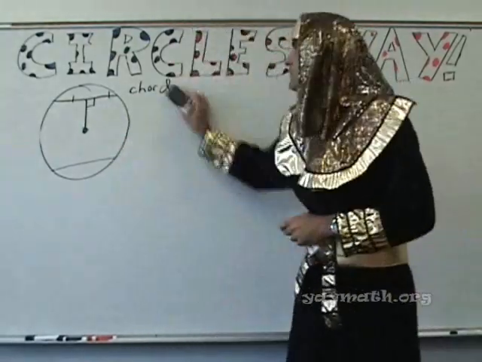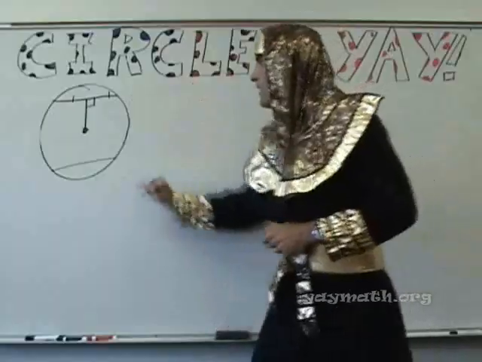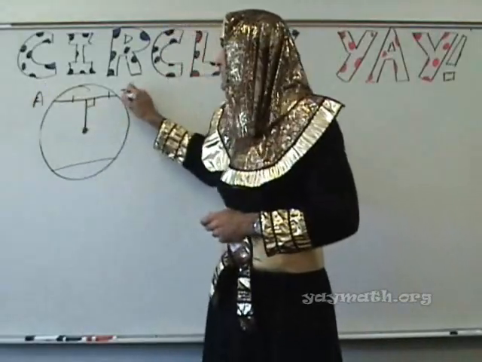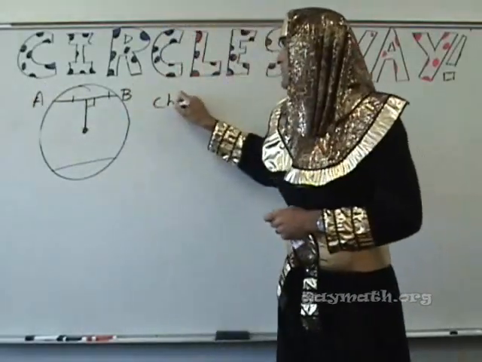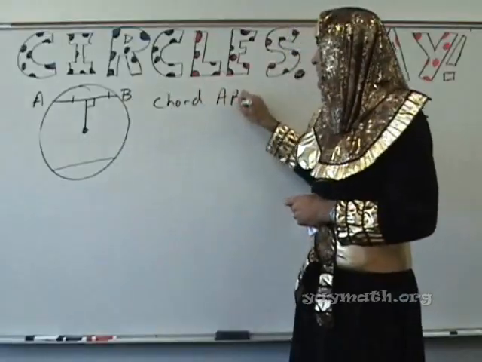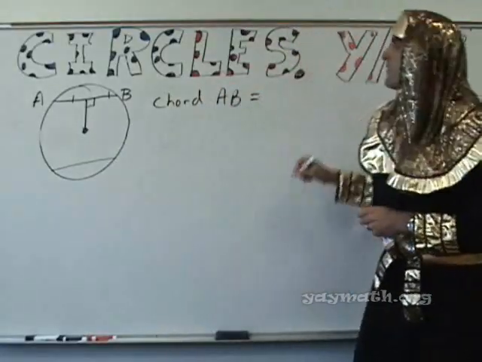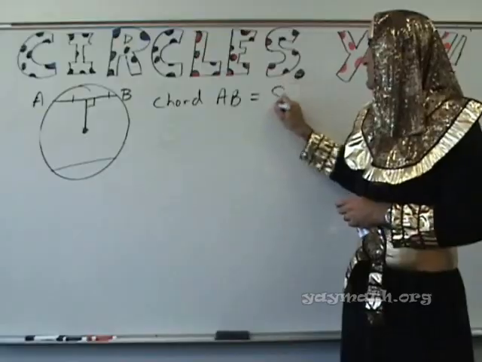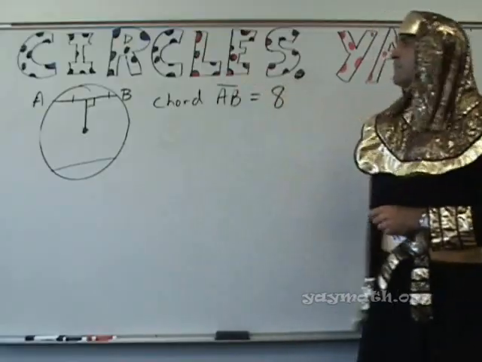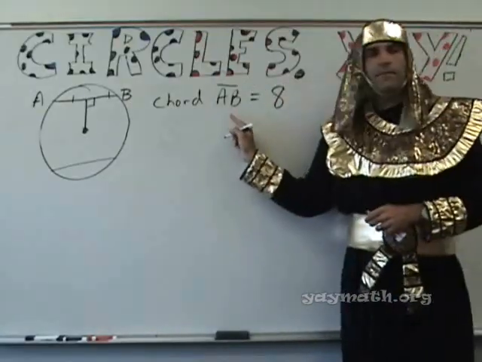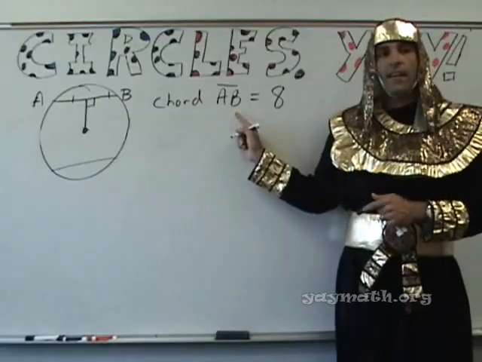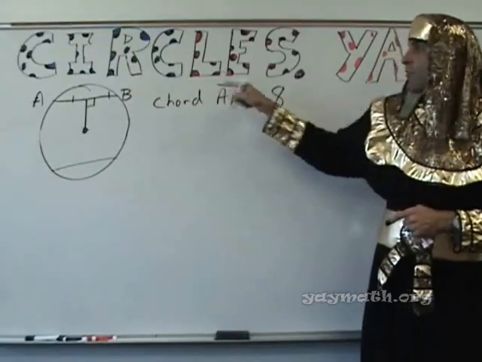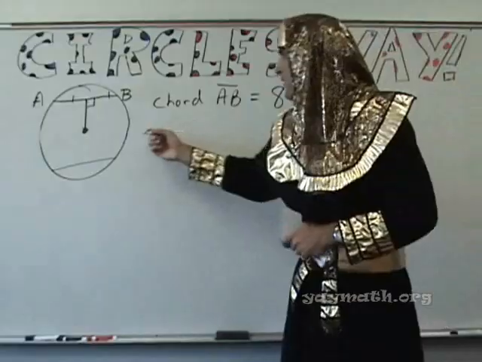So, here we go. A, B. Chord AB equals 8. Notice it's a straight line now on the top. It's not the arc AB, it's the chord AB.